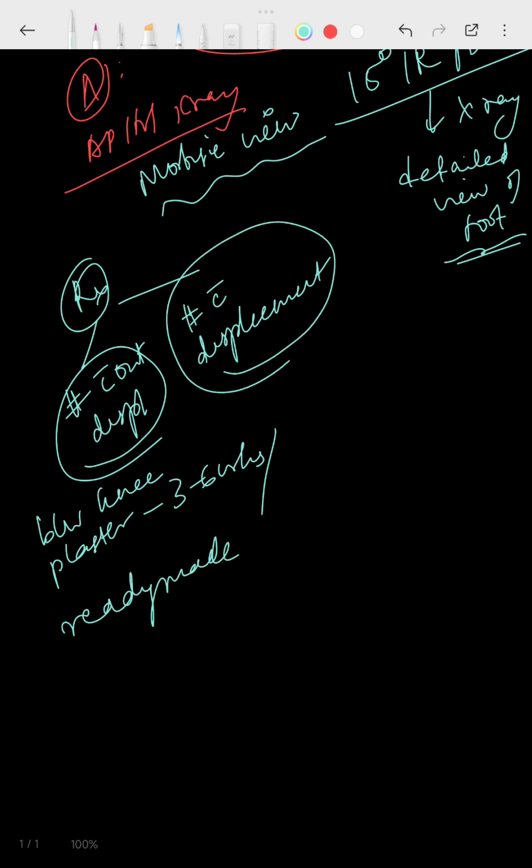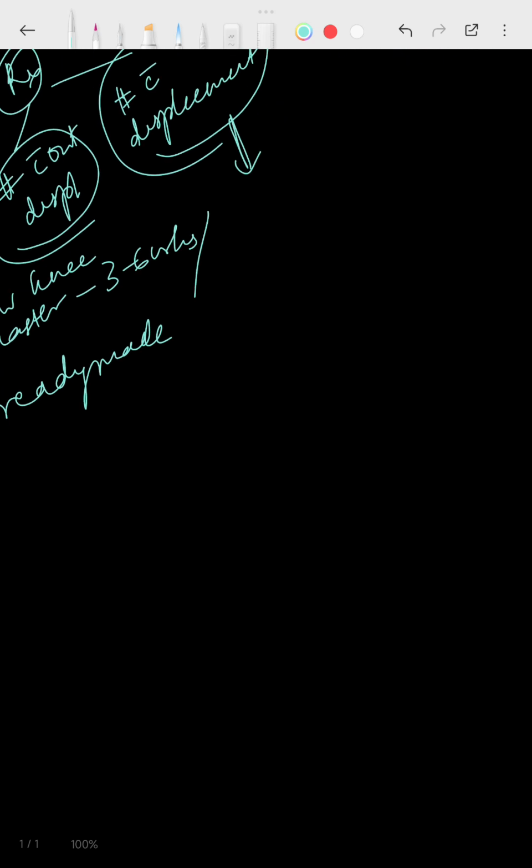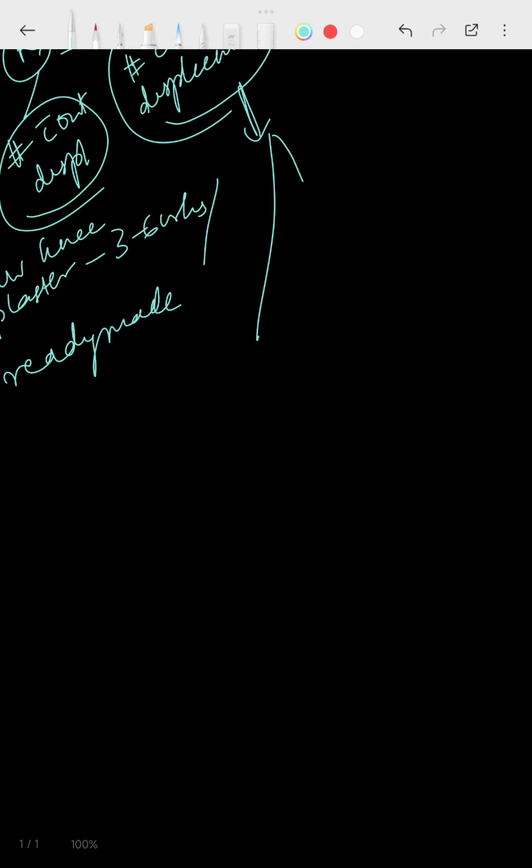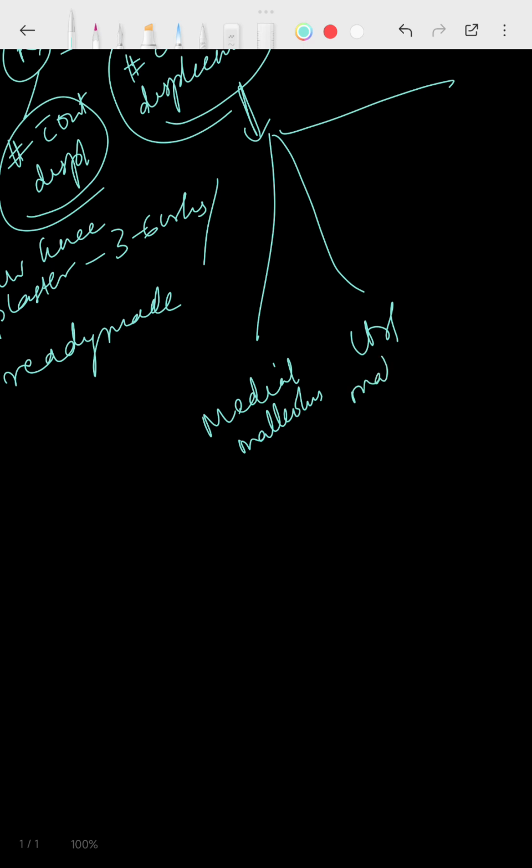If the fracture with displacement is present, then it is a critical one. Now you have to check what is displaced, whether it is the medial malleolus, lateral malleolus, or posterior malleolus.